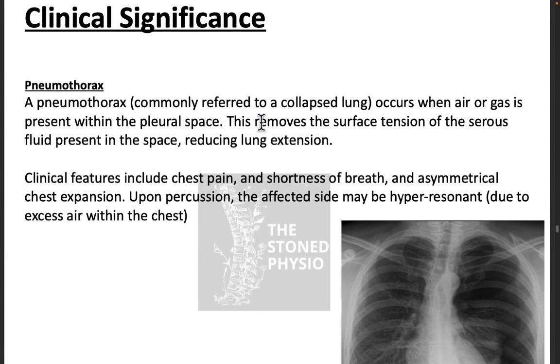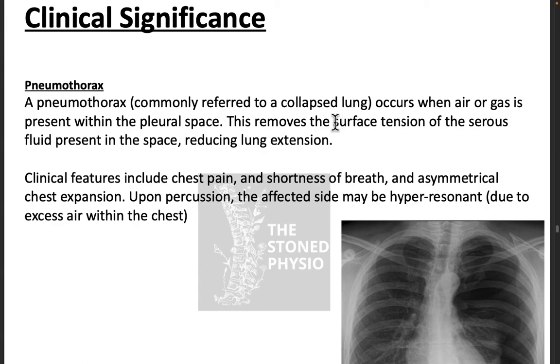Right now, we talked about pneumothorax earlier also. When there is blood, some gas, or maybe water or some fluid which enters the pleural space, of course, it will decrease the surface tension.